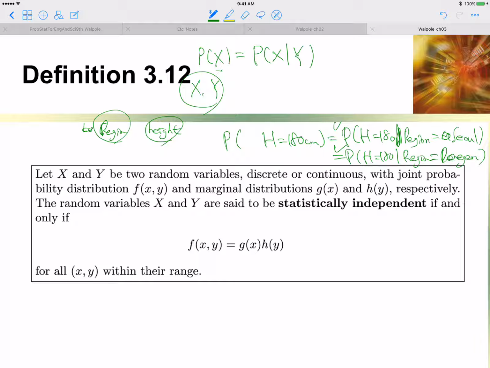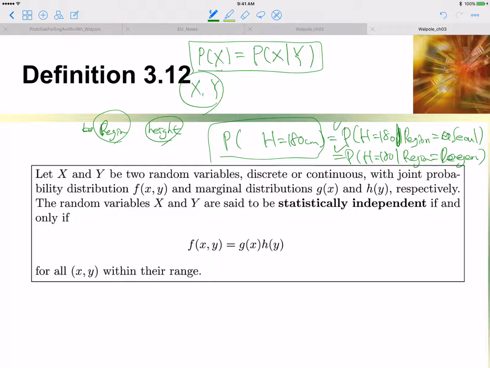These conditional probabilities will always remain the same as just the probability of height being 180, regardless of the region. In that case, we can represent that relationship as this, and this is the definition of statistical independence.